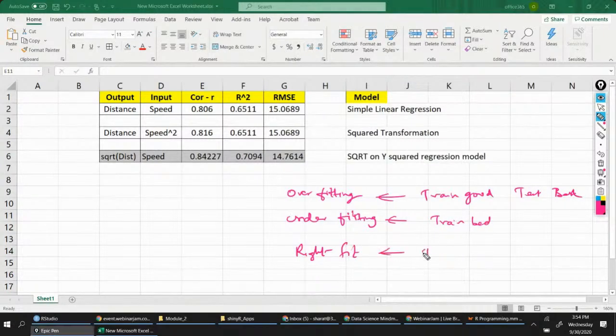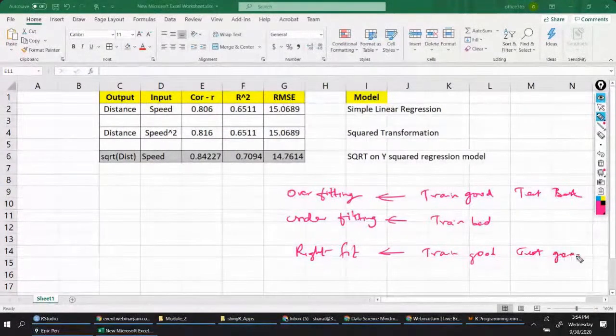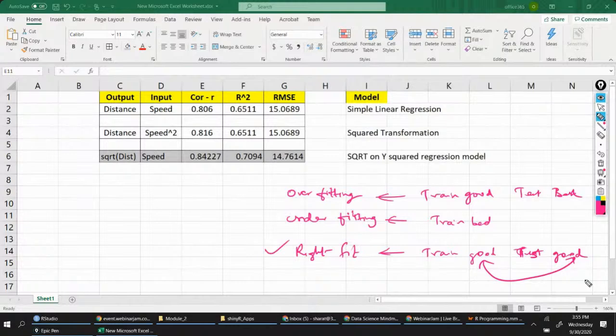And in the right fit, training data results are good, and test data set results are also good. Right? So this is basically your right fit. Overfitting, underfitting, and right fitting, and this is what we need. And these should be similar. So this is basically how we evaluate the models.